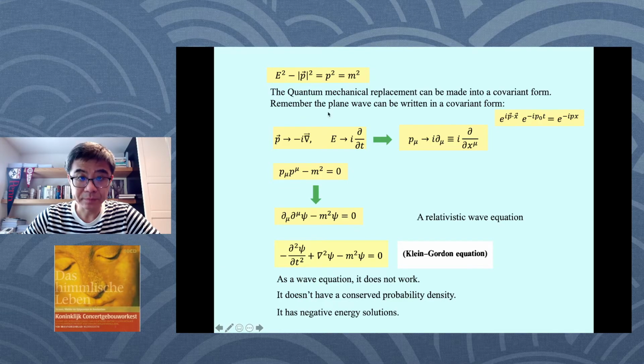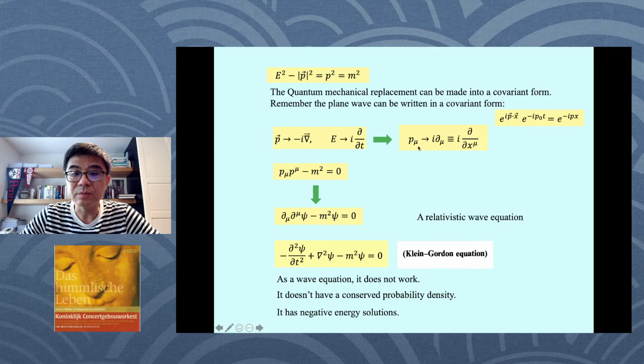Okay, and therefore you can again make the replacement of p by the gradient and energy by the derivative with respect to t, we just plug in here and here. Or you can also make it faster by using the covariant notation of relativistic mechanics.